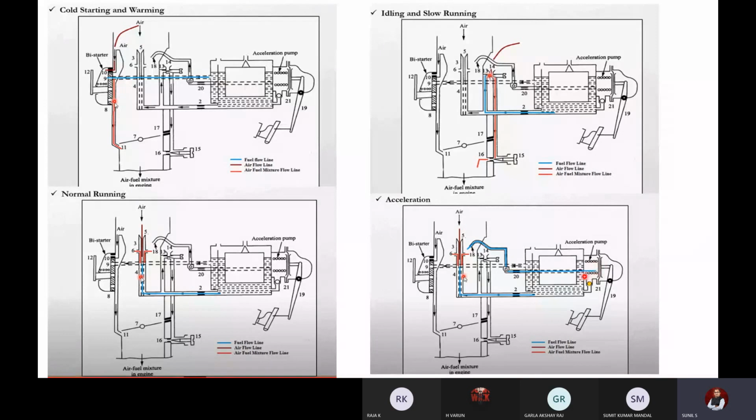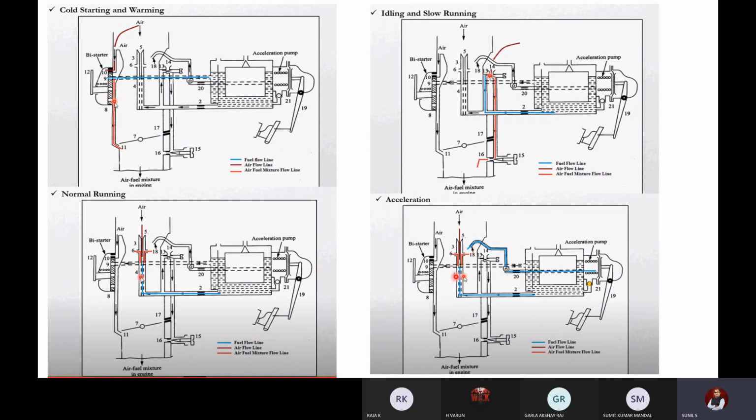The springs, whatever you can see over here, will be compressed, and the fuel present in this region will be forced to pass through the line 20. That is point 20, and extra fuel will enter into the carburetor via point number 18. The regular air fuel mixture is formed at point number 6 as well as 18. Along with that, excess fuel will be pumped here.